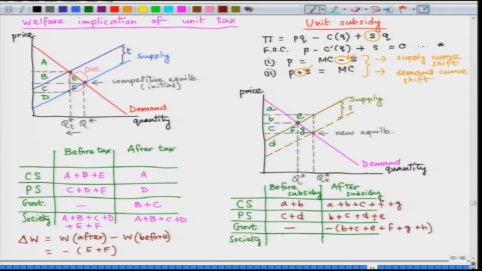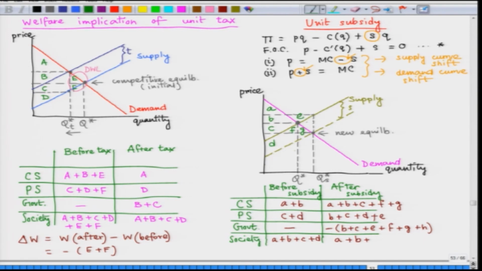Okay. So, now society as a whole gets social welfare A plus B plus C plus D in the pre subsidy case, and now in the post subsidy case it is going to be A plus B plus, oops, sorry.